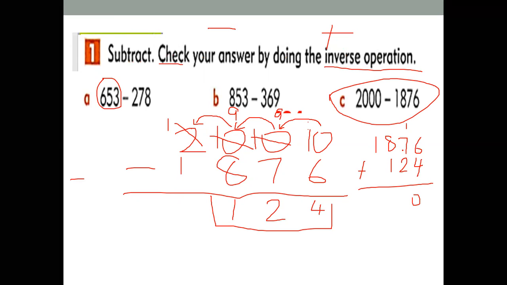Carry 1. 1 plus 7 plus 2 is 10. Again, carry 1. 1 plus 8 plus 1 is 10. Carry 1. 1 and 1 is 2. The answer is 2,000. So we found 2,000, the first number. Therefore, our difference is correct.